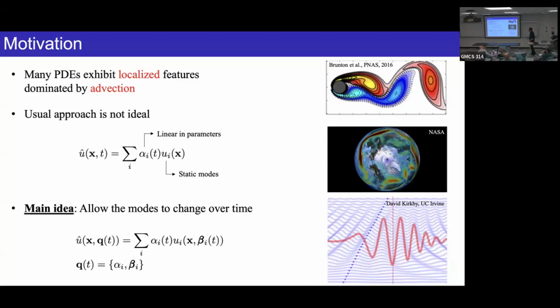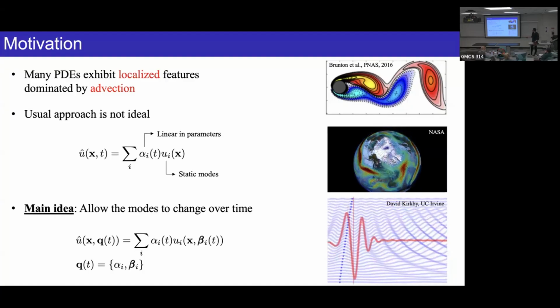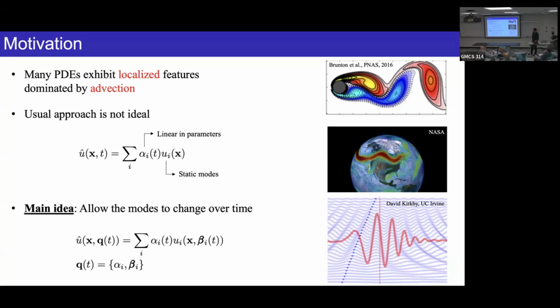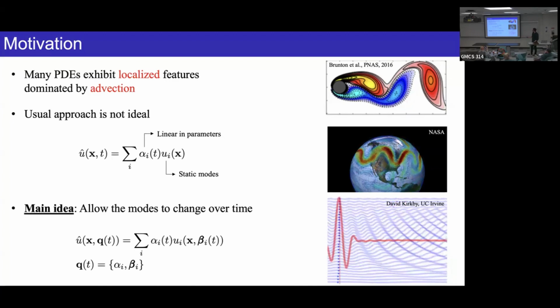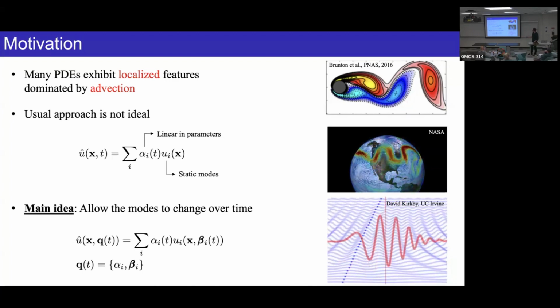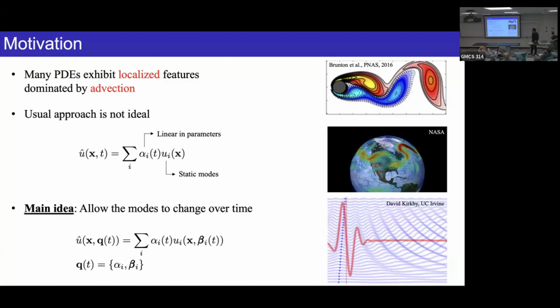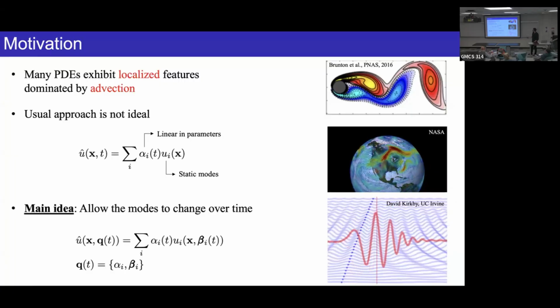The main idea of shape-morphing modes is basically this: to allow these basis functions, UIs, to change in time. And the way I encode that time dependence in the basis is through a set of parameters beta I that I'll call shape parameters, so that as time evolves, these shape parameters change. As a result of that, the basis also evolves.